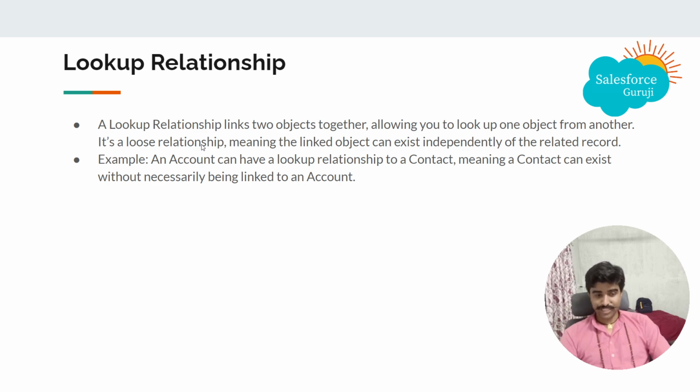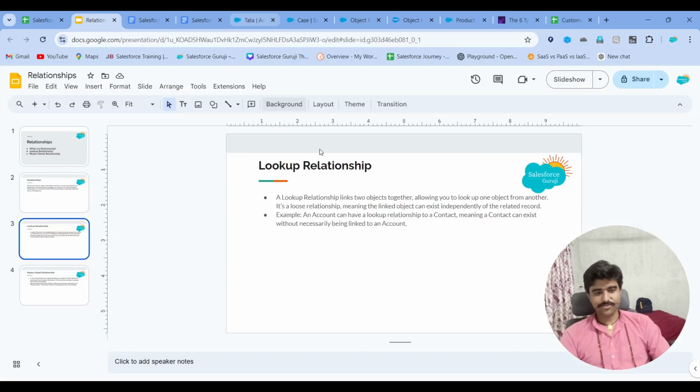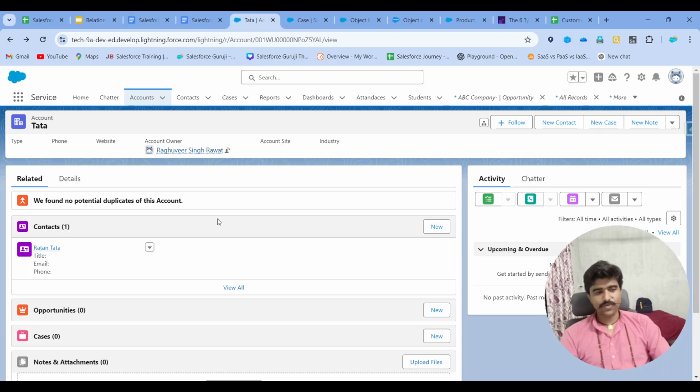It's a loose relationship, meaning the linked object can exist independently of the related record. Let's say an account can have a lookup relationship to contact, correct? And that means contact can exist without necessity of linked objects. So this is the example of account and contact.